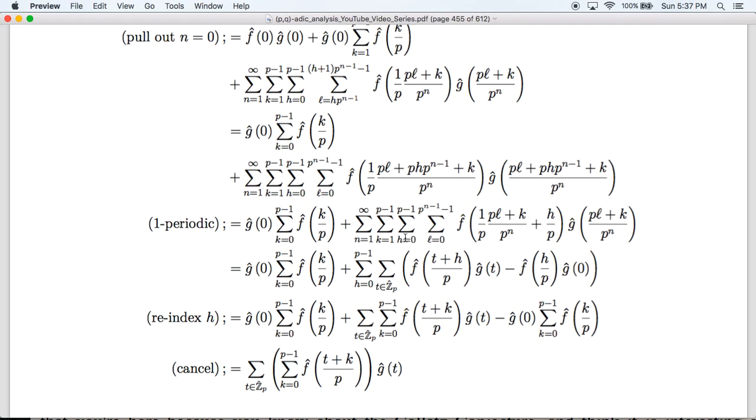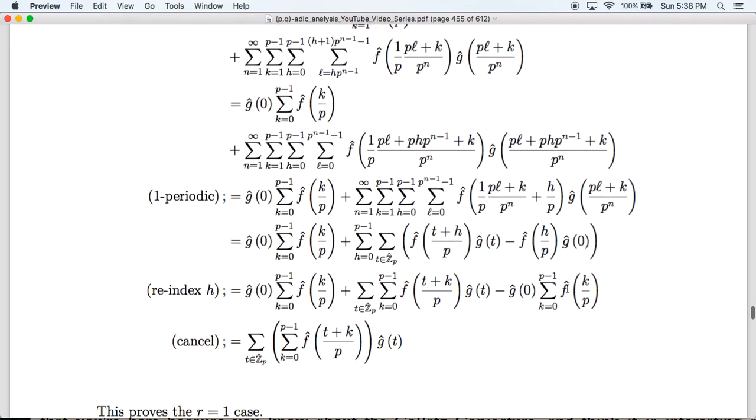So then we want periodicity, and then by summing over k, L, and n, all those three terms combine to be a sum over all t. And then here we just re-index h as k, and then we have k equals 0 to p minus 1 everywhere, so we pull that out, and this is, of course, the t equals 0 term, but these two cancel out, and we're done.